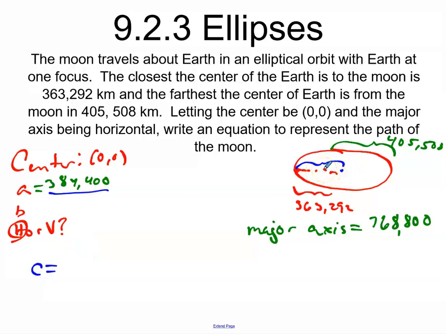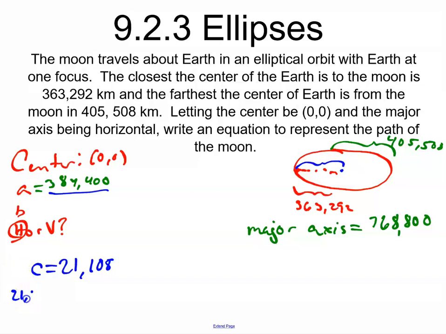So 384,400 minus 363,292 tells me that my c is 21,108. And if you remember from writing equations, if we know the a and the c, we can figure out what our b is.